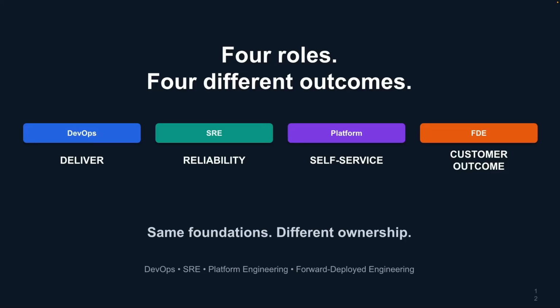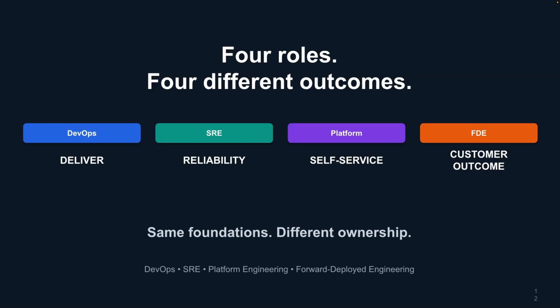So, to sum up, if you're already a DevOps engineer, you don't necessarily need to start from zero to move into SRE, platform, or even a forward deployed engineering role. The foundation overlaps significantly. The question is what you want to specialize in. If you enjoy automation and delivery, DevOps may be your path.